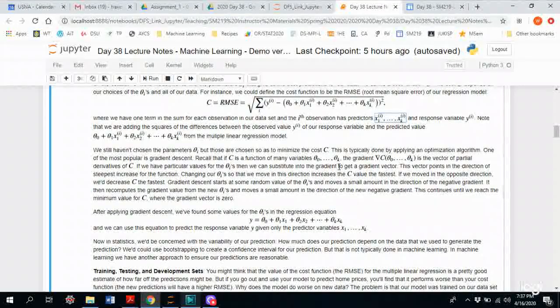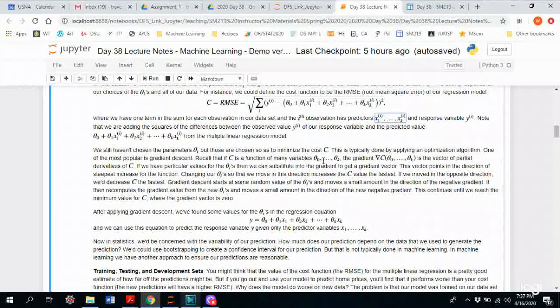And if that's the case, then you can calculate the gradient. The gradient of C, evaluated at some values for the thetas, is the vector of partial derivatives of C. So it's a vector. It's got k plus 1 components. The first component is the derivative of C with respect to theta 0.